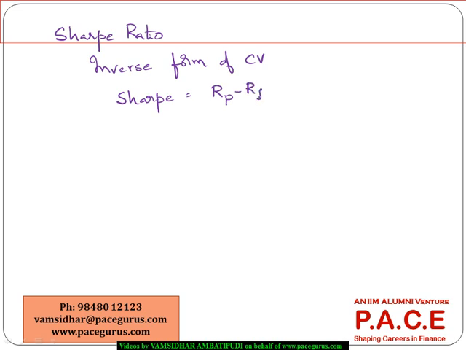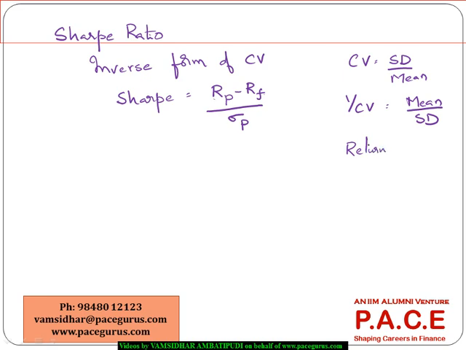The excess return of the portfolio over the risk-free rate of return divided by the standard deviation. Now you look at it like this. Coefficient of variation we said as standard deviation divided by the mean. Look at it as 1 by coefficient of variation. We are talking about the mean return divided by the standard deviation. Or simply it is talking about the return per unit of risk. The return per unit of risk, correct?